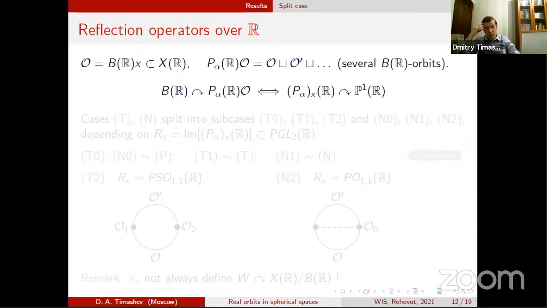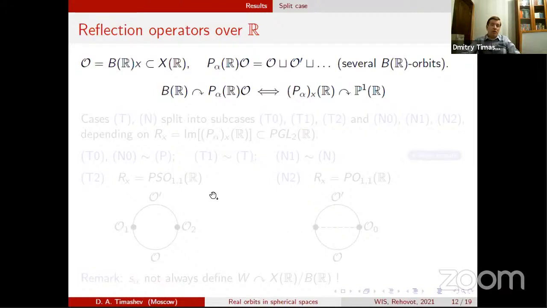So we start with any Borel orbit, any real Borel orbit O, sitting in the real locus of X. We act on this orbit by the real part of the minimal parabolic corresponding to a given simple root. And again, it decomposes in finitely many real Borel orbits, including the initial one.